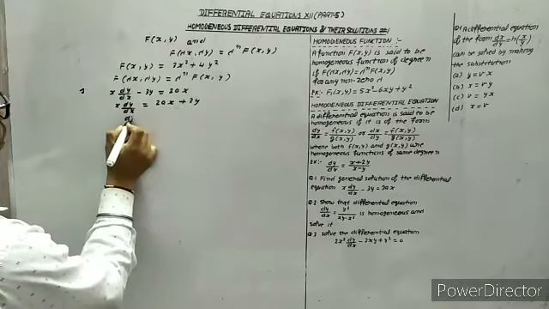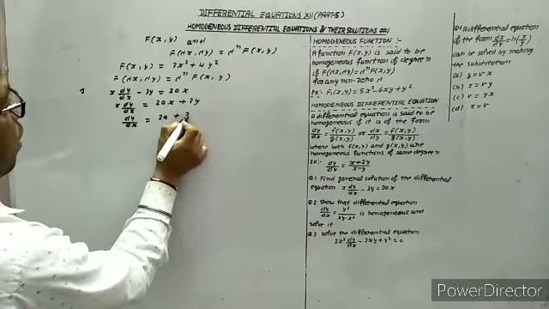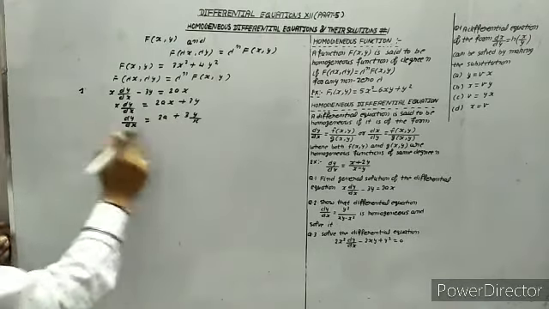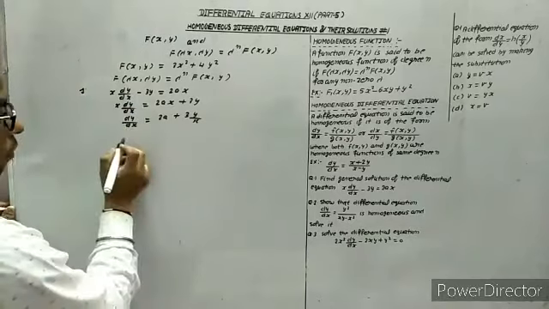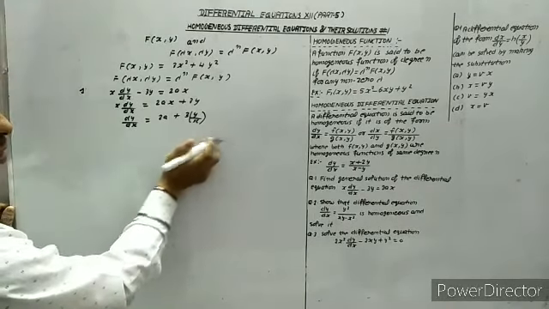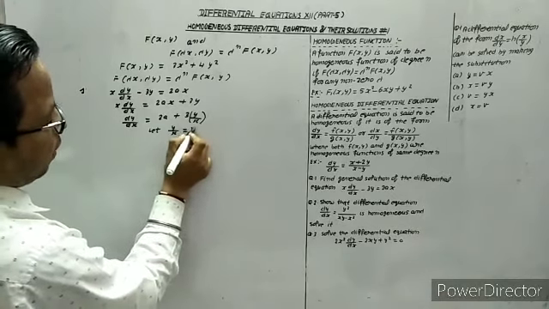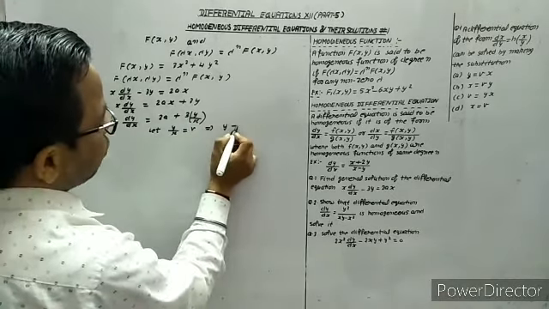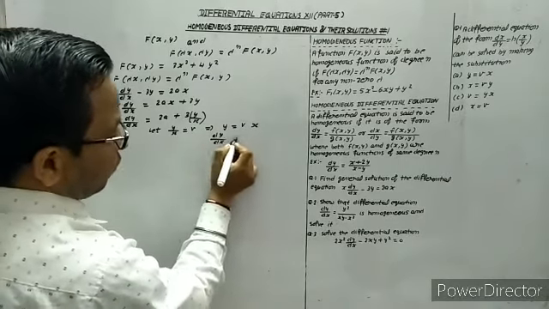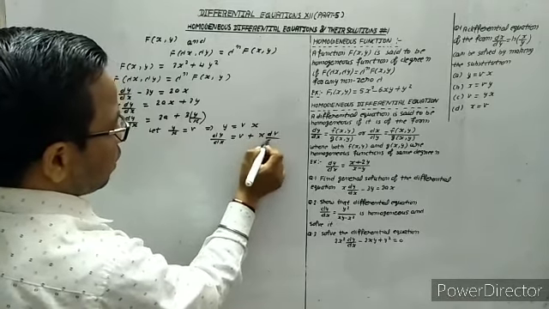It means dy/dx = 2a + 3y/x, dividing the whole equation by x. Now, because this is of the form y/x, we let y/x = v. It implies that y = vx. Differentiating with respect to x, dy/dx = v + x dv/dx.